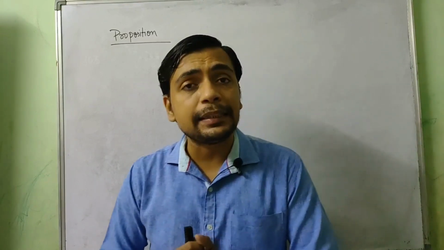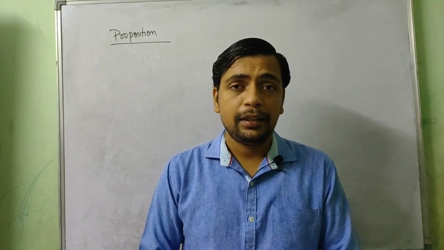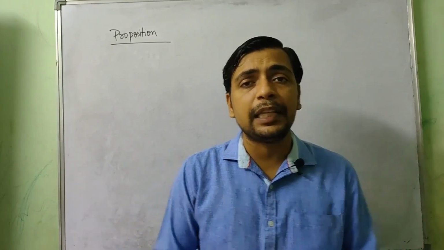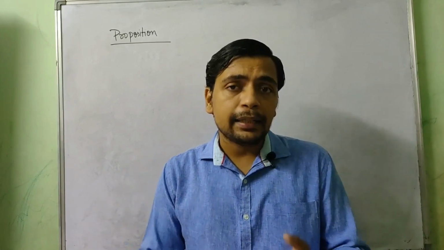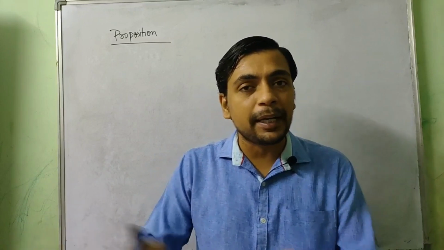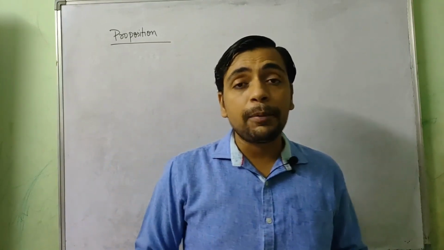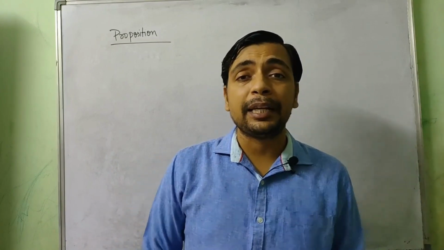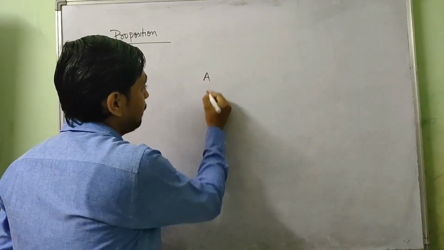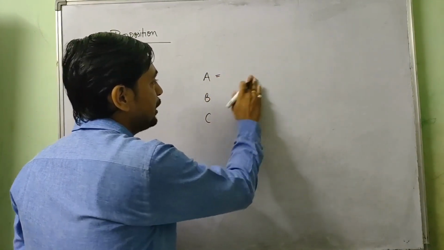The second property says that it can be connected. One or two propositions can be connected together with the help of some operators, and that leads to another proposition. So two or more propositions can be combined together to form a new proposition. All the propositions are represented in uppercase alphabets. So you can represent a proposition like A, B, C, and you can give whatever statement that proposition is.